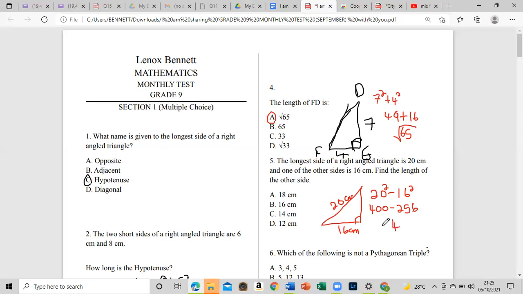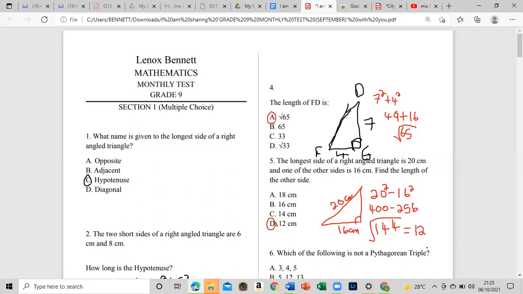Yes, 4 right now. Alright, so that's 144. And then we find the square root of 144. Which number multiplied by itself gives you 144? That would be 12. So our answer for number 5 is D.